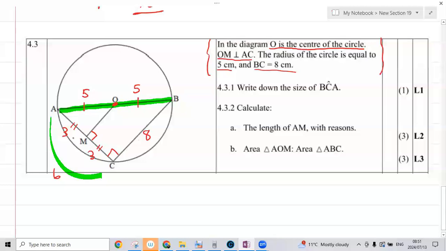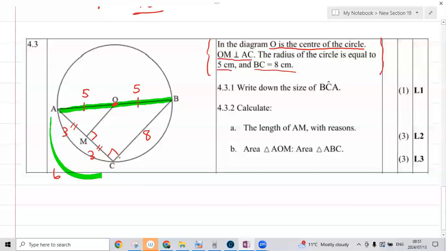Now, the other thing that I take notice of here, if you look at this triangle ABC, and remember, one of the things that we must know when it comes to the prop theorem is our midpoint theorem, right? So the midpoint theorem is very important for us to understand. If you look here, AO is equal to OB, AM is equal to MC. So O is the midpoint of AB and M is the midpoint of AC.